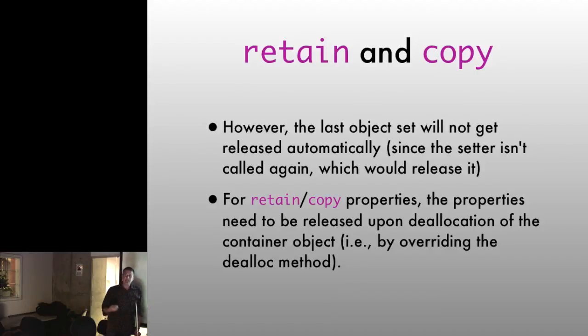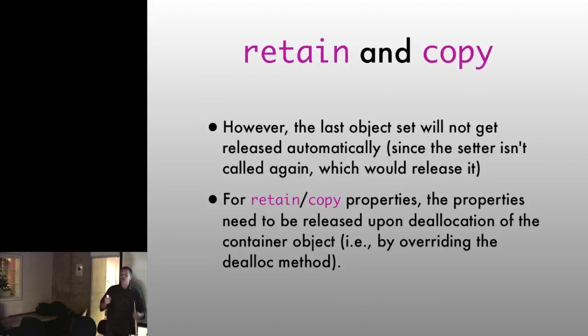The way you do that is overriding the dealloc method, and you're going to need to do that for your properties that are retained properties or copy properties. That's important. Otherwise, you're going to leak the last one of the set.